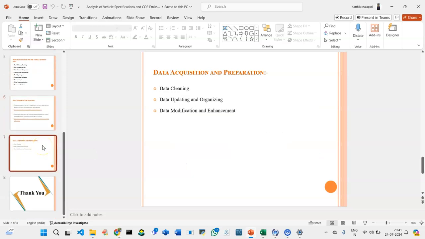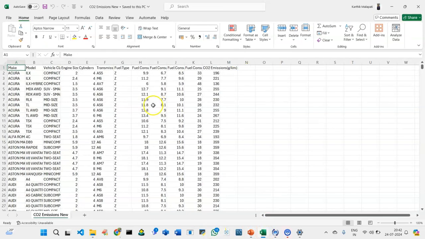When it comes to data acquisition and preparation, we need to clean, update and organize the data. This is my data.